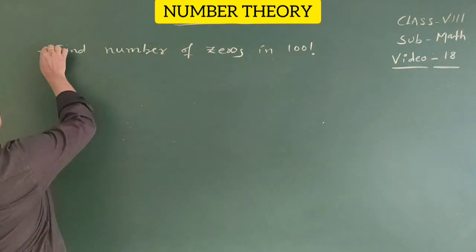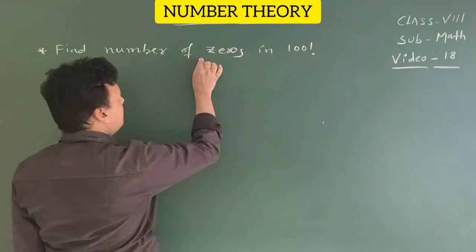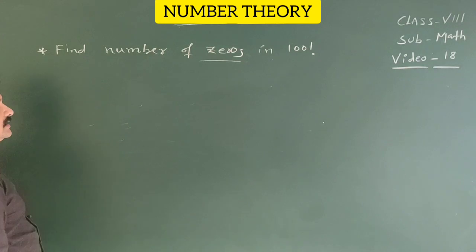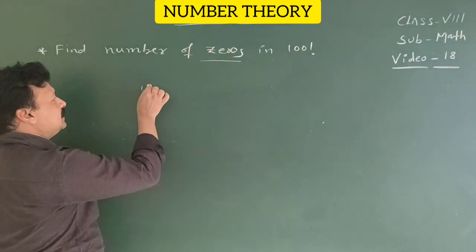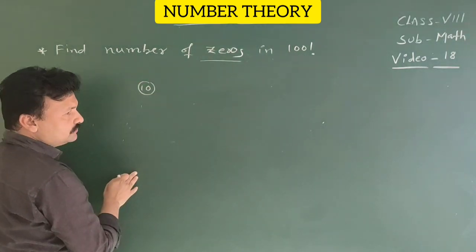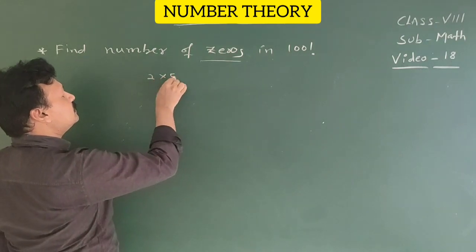Here, one thing you have to observe. First you need to find the generator of 0. Any number multiplied by 10 gives 0. For getting 10, we want 2 and 5.